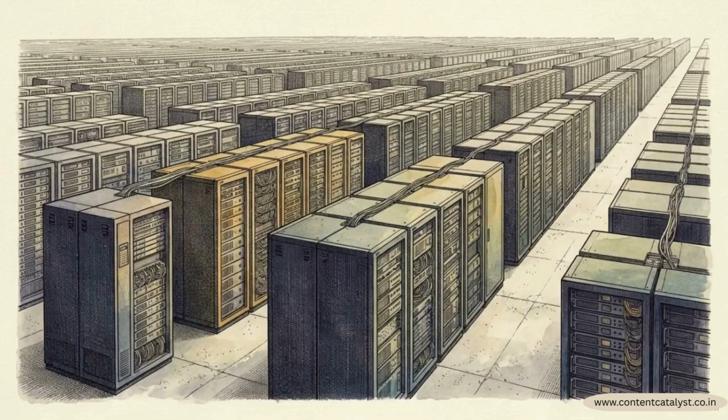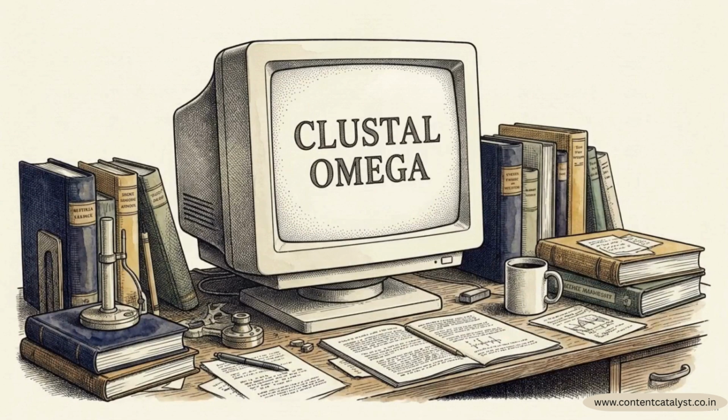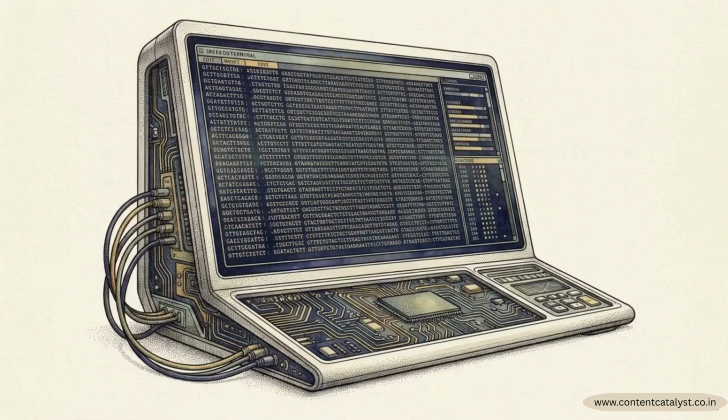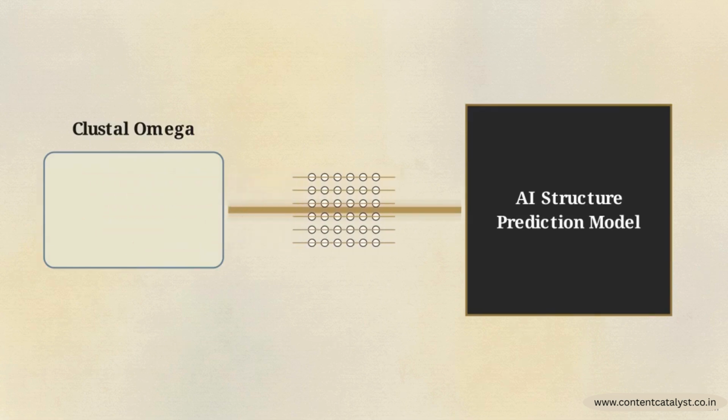Today, bioinformatics is heavily driven by artificial intelligence, from massive protein language models to advanced structure prediction tools like AlphaFold. This rapid advancement has created a common misconception that classical algorithmic pipelines like Clustal Omega have been rendered obsolete by machine learning. But AI modules are not magic. They are computational black boxes that require massive amounts of highly structured relational data to train effectively.